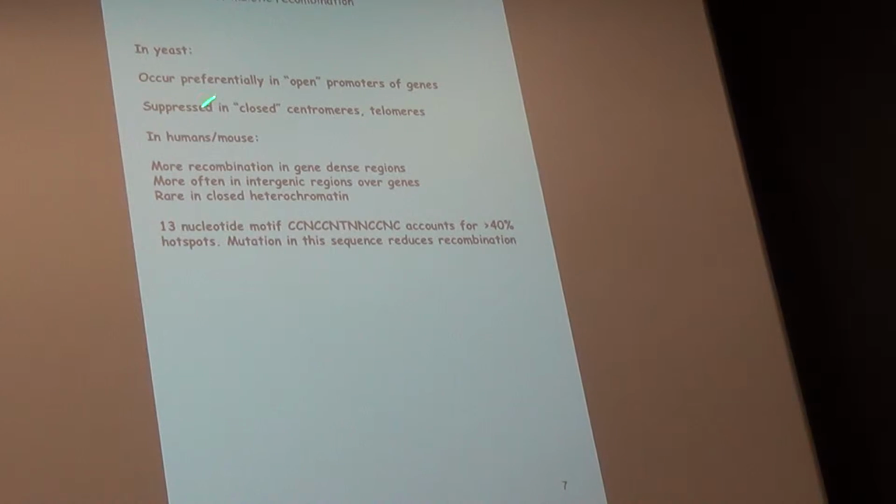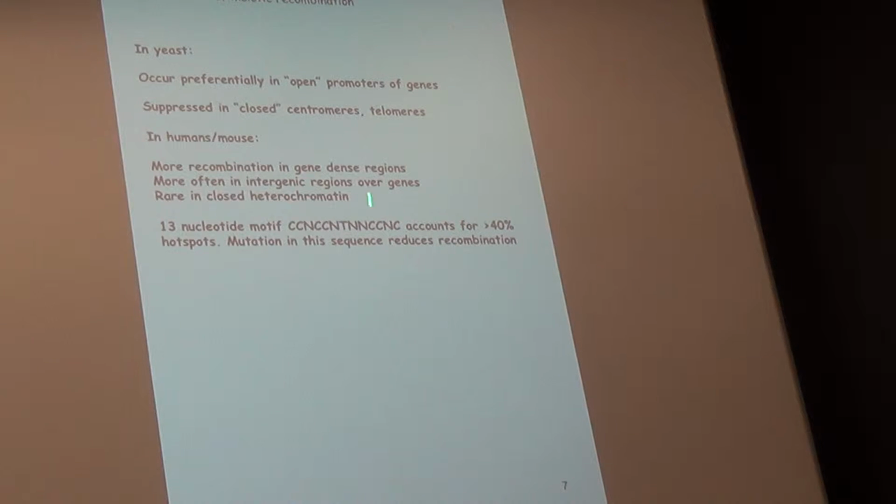In humans, you get more recombination in regions that are genes, less recombination in regions between genes, but you get more often recombination in intergenic regions of those genes. So in the regions where there are lots of genes, recombination seems to occur more often in the regions between those genes rather than within the body of the gene.